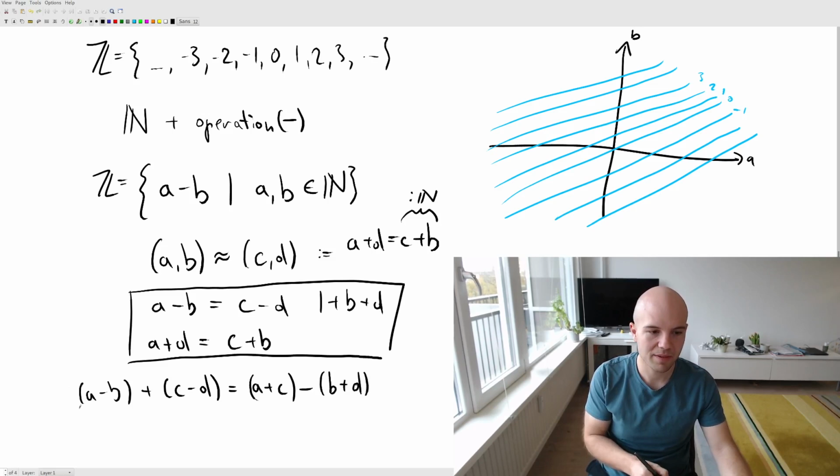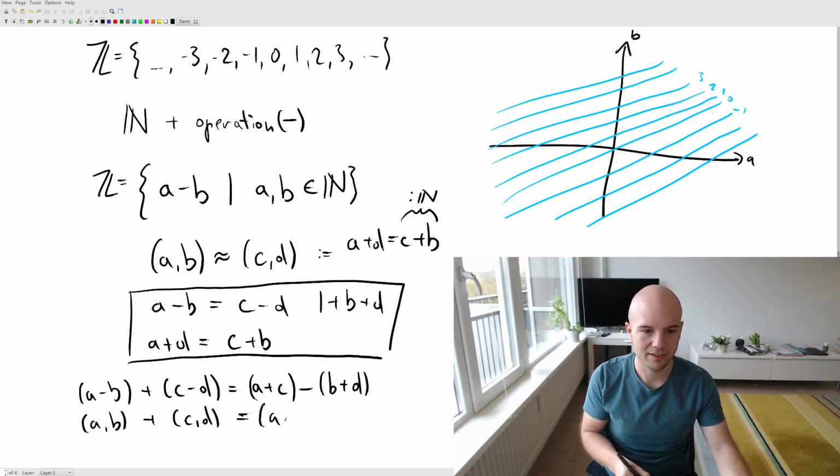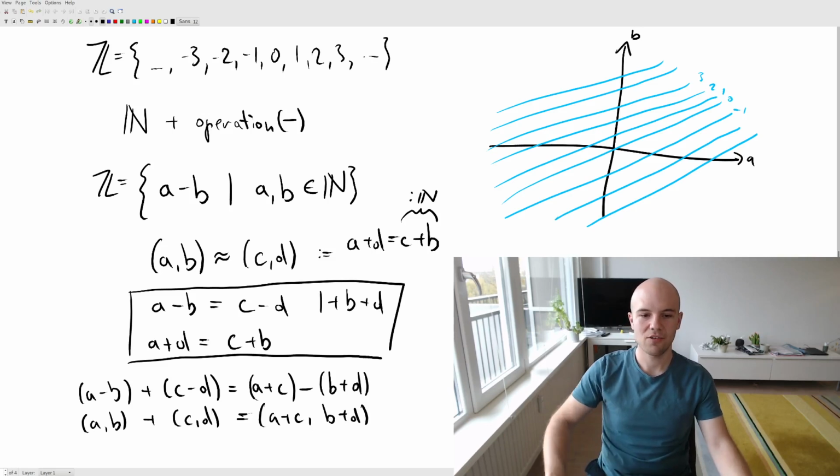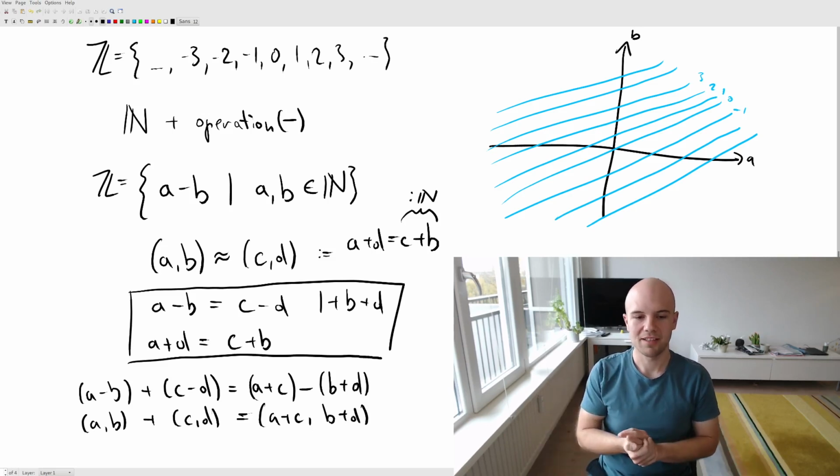Right, and so it should also be the same on the level of pairs. So what we actually mean here is that if we add these two pairs together, we want to get this pair here. Okay, so that's how we derive the definition that we think is the correct one for addition.